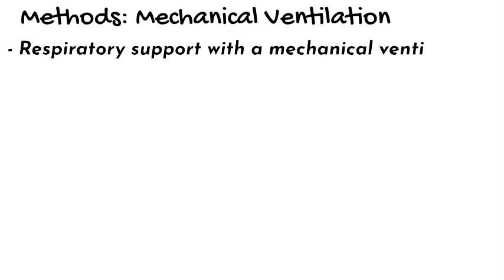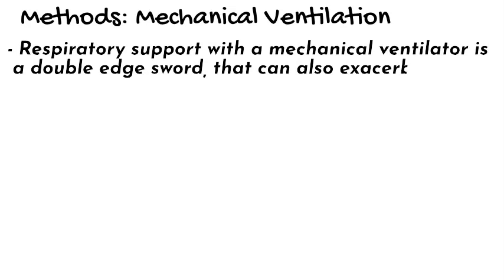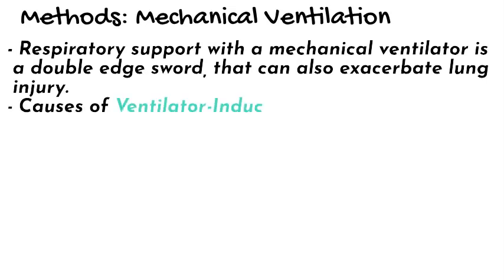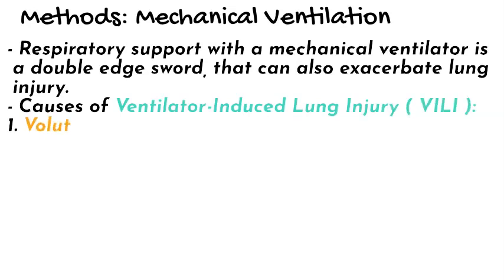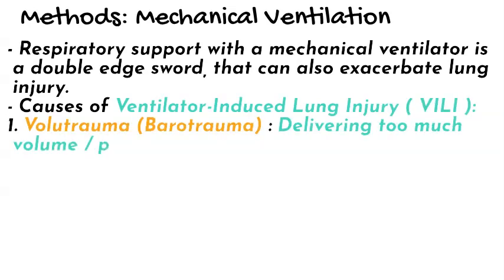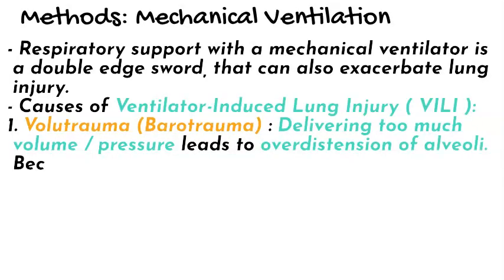Respiratory support with a mechanical ventilator is a double-edged sword that can also exacerbate lung injury. Causes of ventilator-induced lung injury, VILI, is 1. Volutrauma or barotrauma. Delivering too much volume or pressure leads to overdistension of alveoli.